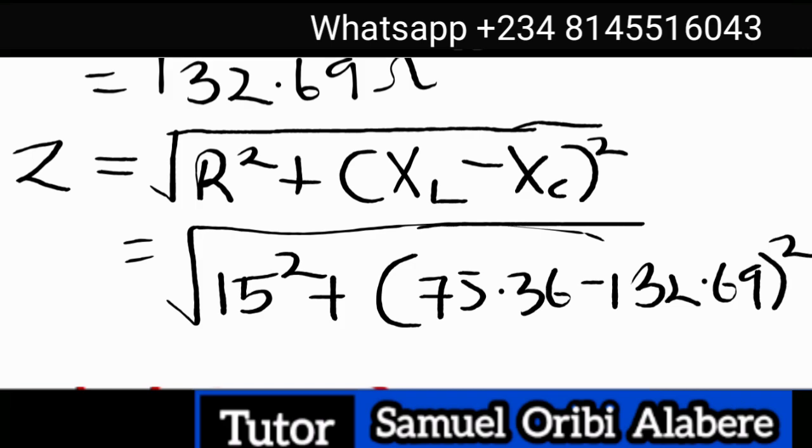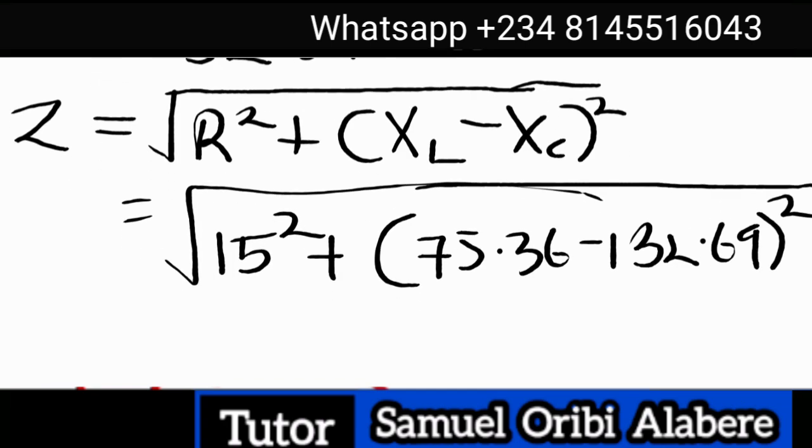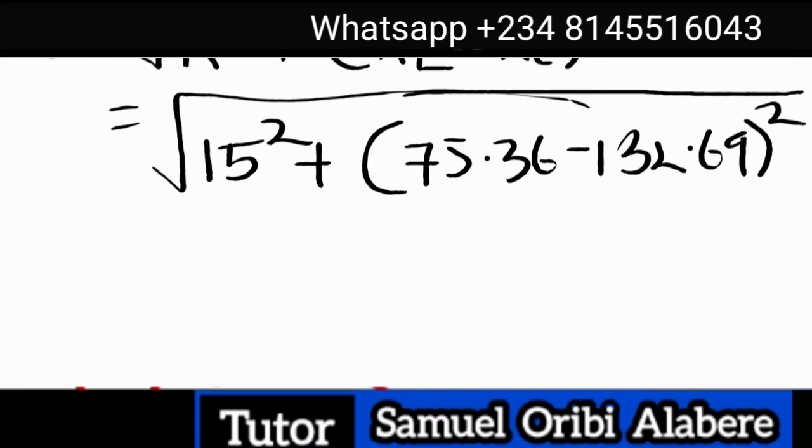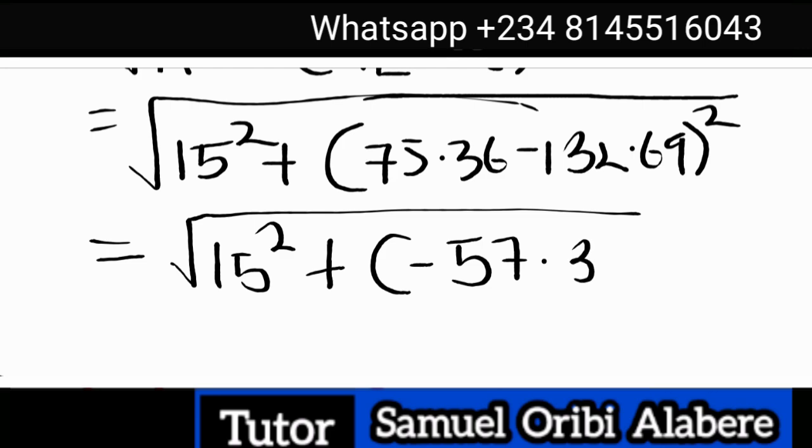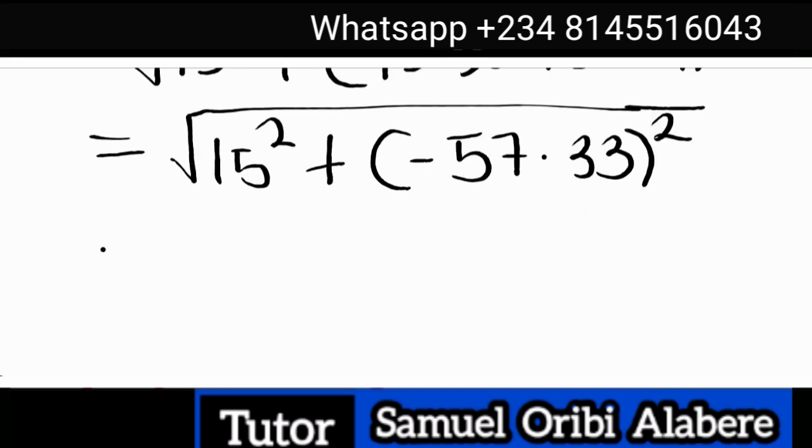Remember, all of this is in square. So when we further evaluate, it will give us root 15 square plus bracket open negative 57.33 bracket close raised to the power of 2.